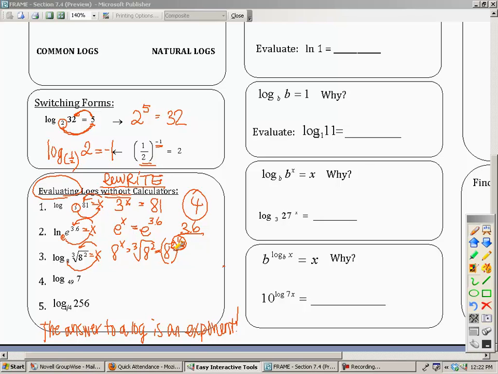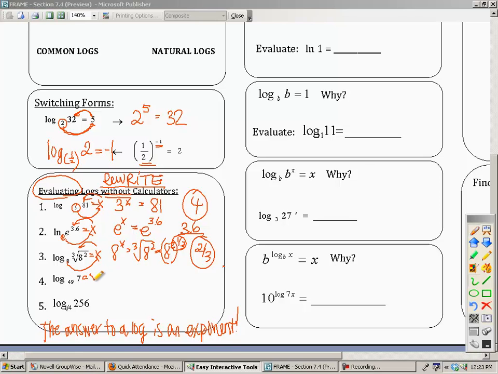If I multiply these two together, then x has to be 2/3. Because if I multiply these together, then what I'm saying is 8 to the x equals 8 to the 2/3, so x has to equal 2/3. You will need to rewrite roots as exponents in this chapter. So really, chapter 6 is important in what we're doing.